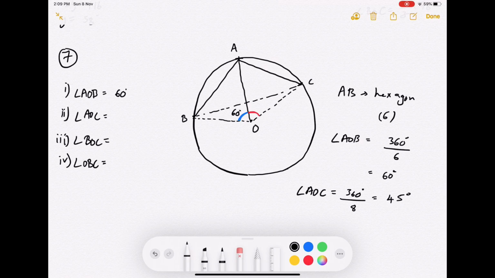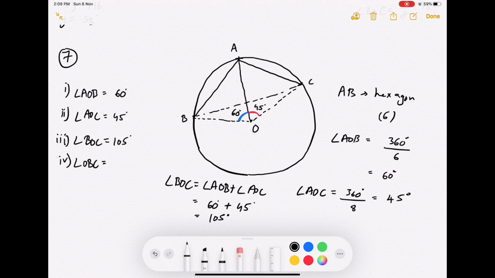So that is why angle AOC is 45 degrees. Then the next part is to find angle BOC. Now it is easy to see from the figure, angle BOC is the sum of angle AOB plus angle AOC. So I can simply add 60 plus 45 to get 105 degrees.